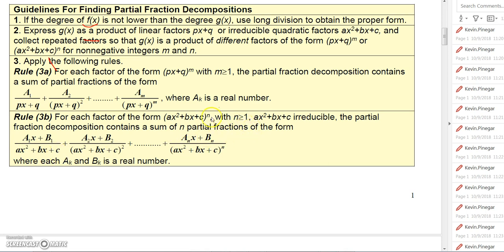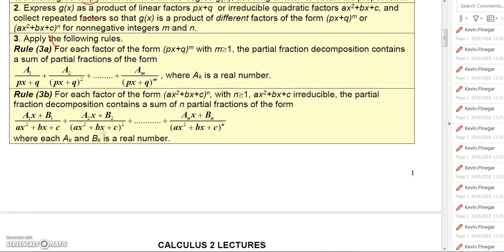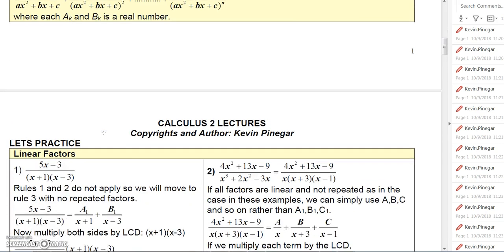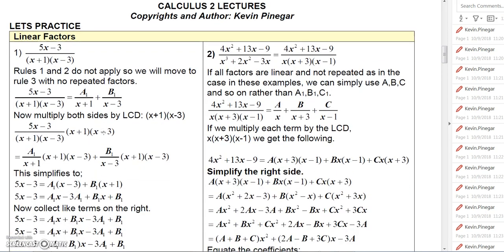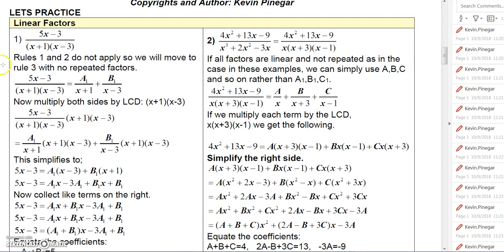And then if this factor occurs to a second power, you would use a second term with ax squared plus bx plus c quantity squared, and so forth. So this makes a lot more sense when you actually see it done. So let me show you how we can break it up here using an example.